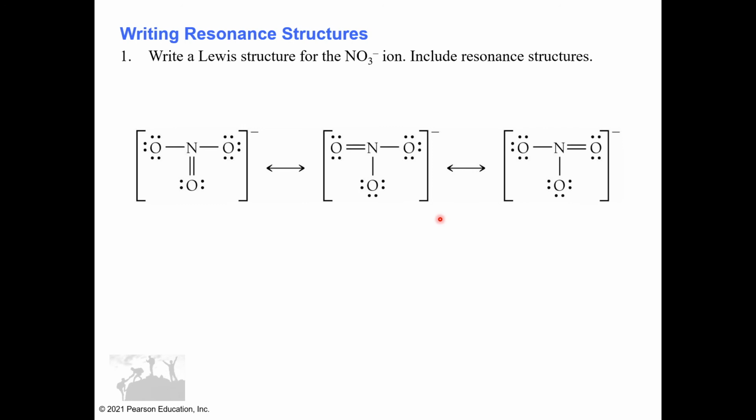Okay, so remember that. The connectivity remains the same, it's just the position of the electrons that is different. Also, when you figure out formal charges for each of the atoms in each resonance structure, you'll see that when you add up all those formal charges, they'll add up to -1.